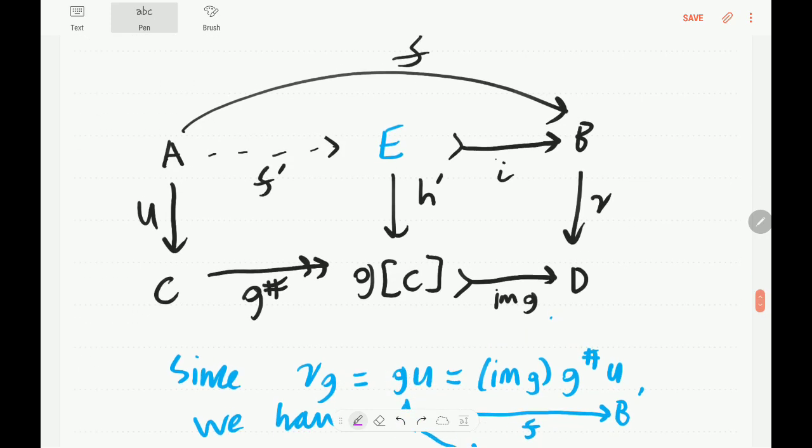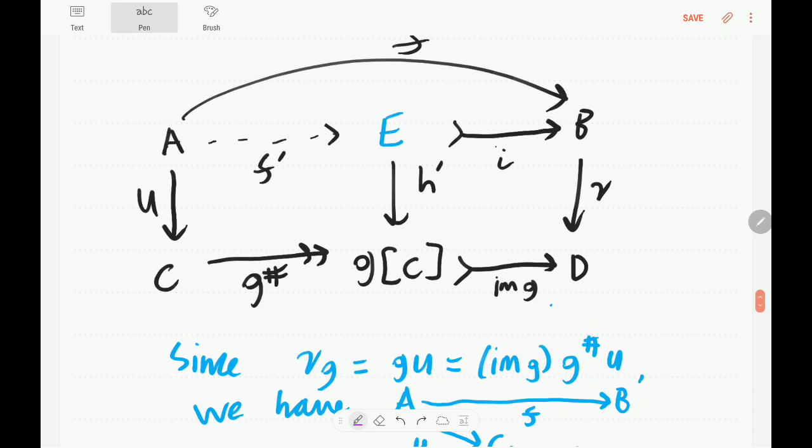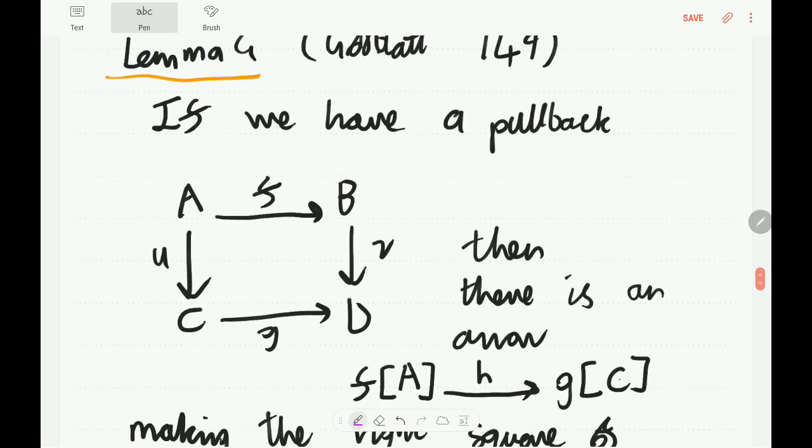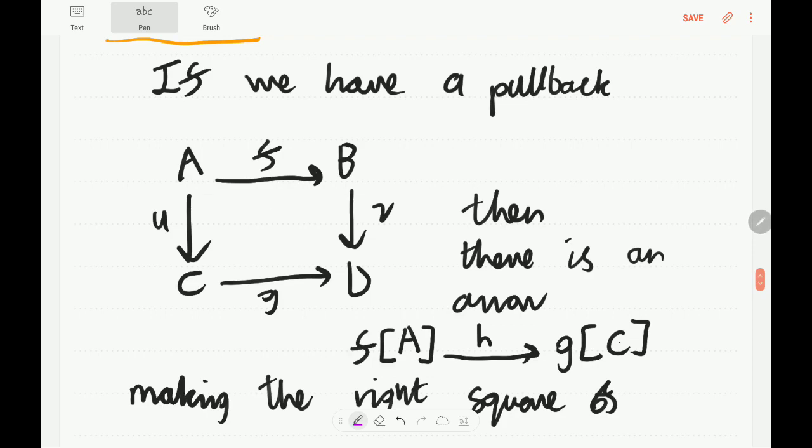And we know that VF is equal to GU. We know that because we're assuming that up here, okay?